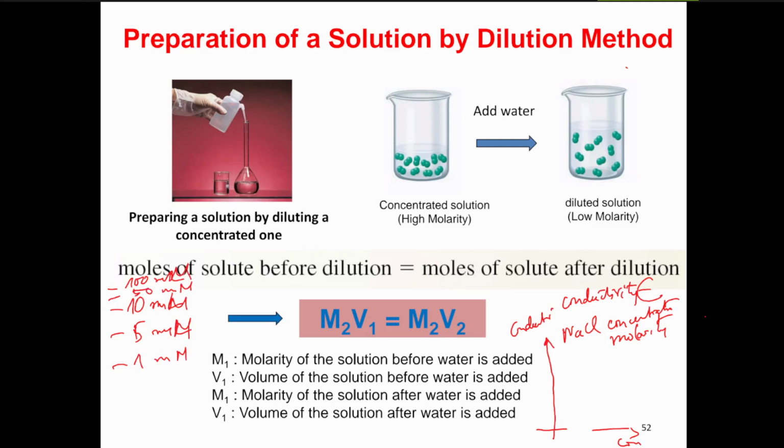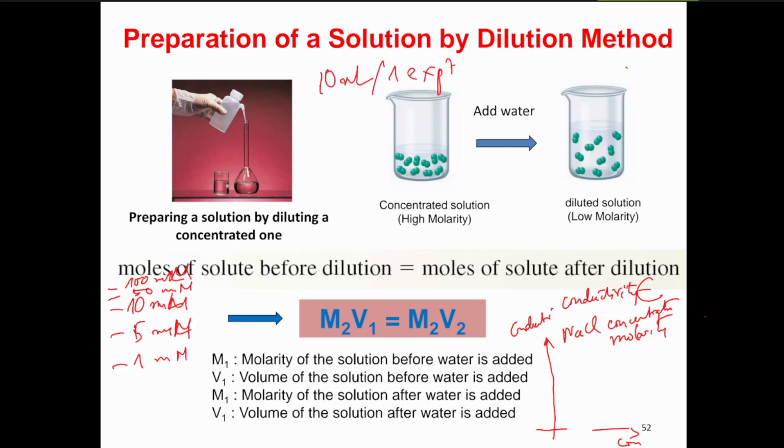Okay. So now, how can you do it? You have one possibility. Let's say you prepare, because for one experiment, you need to prepare 10 milliliters.